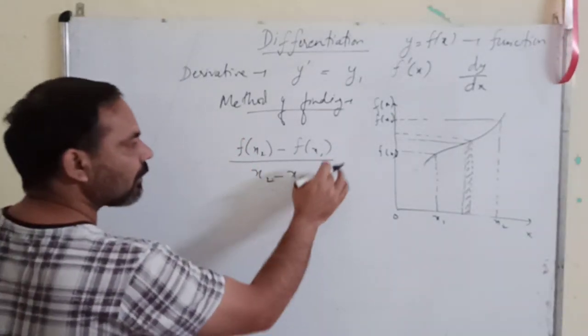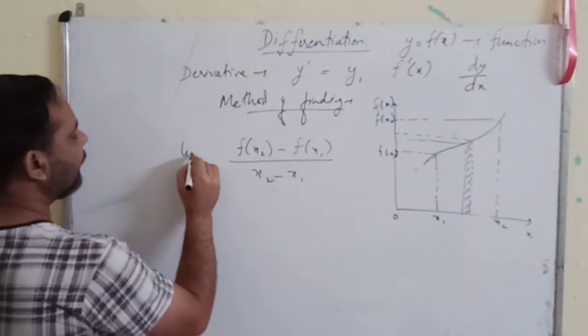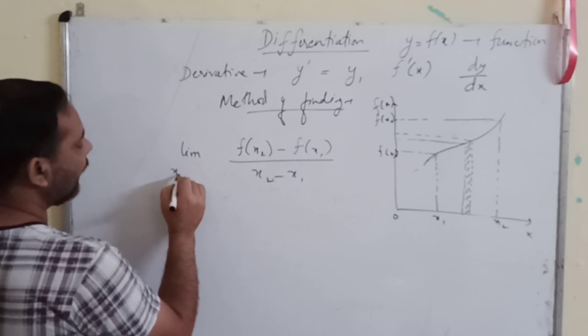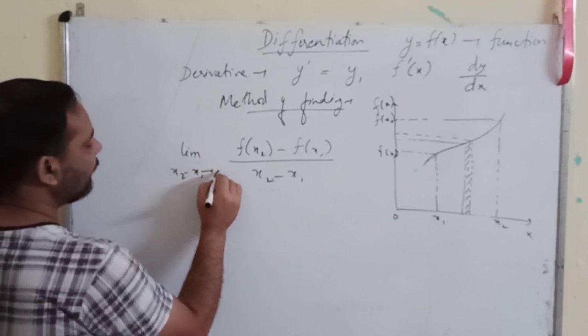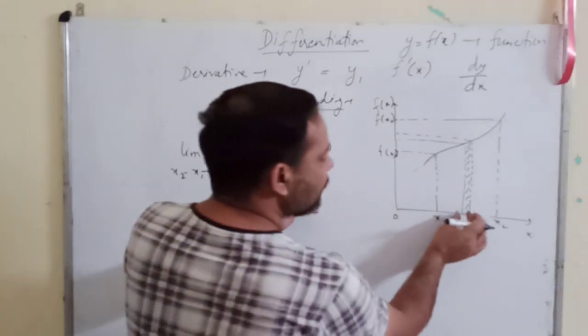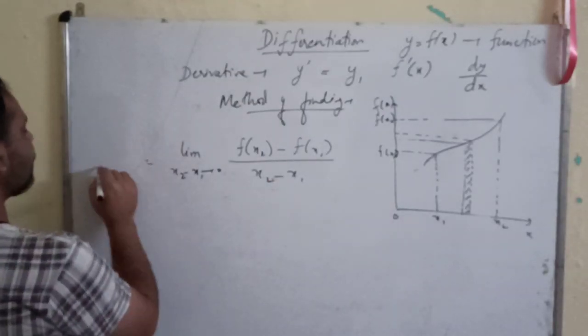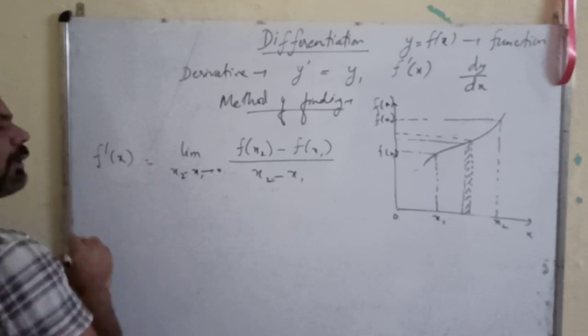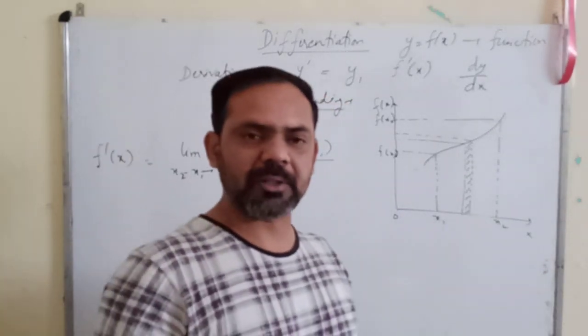Now when you apply the condition limit x2 minus x1 tends to 0, it means this change is infinitesimally small. This becomes the derivative of the function.